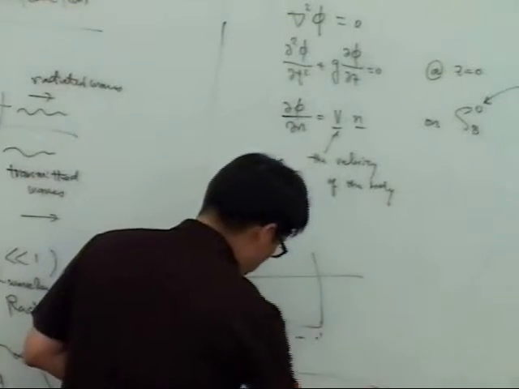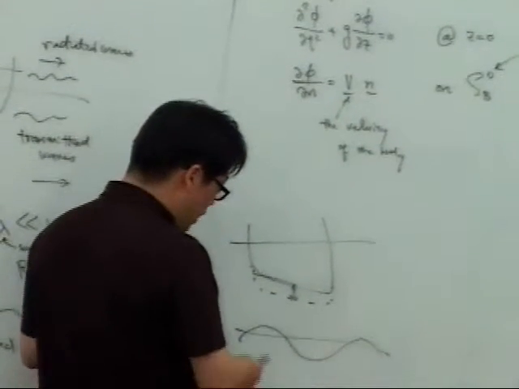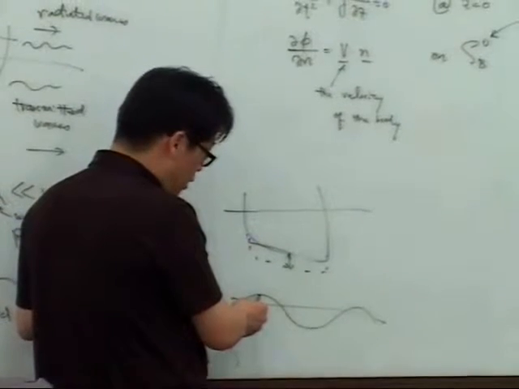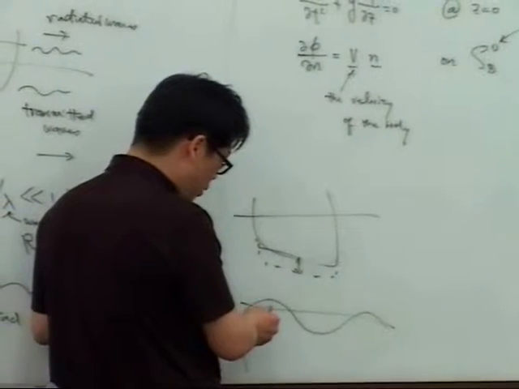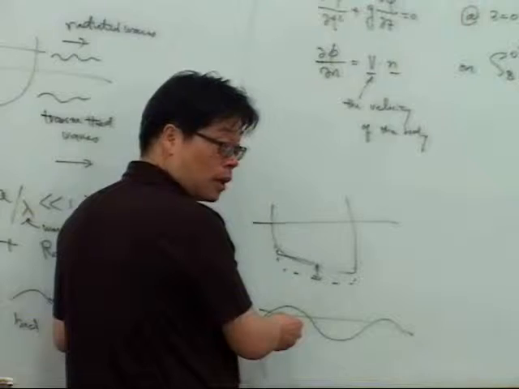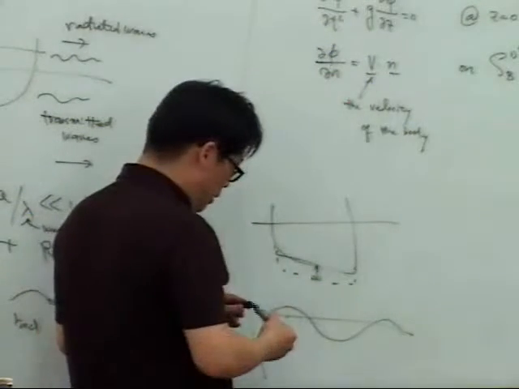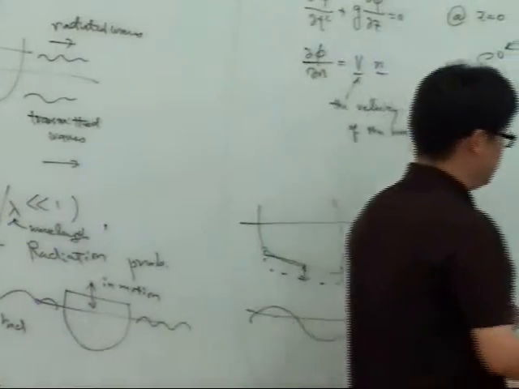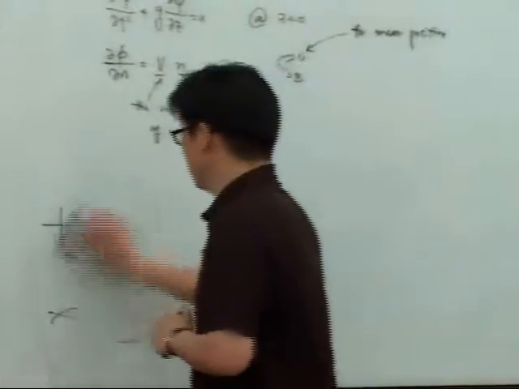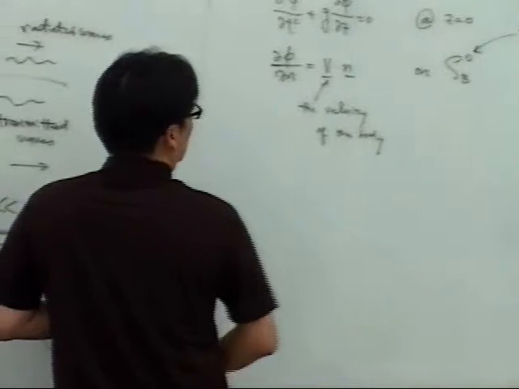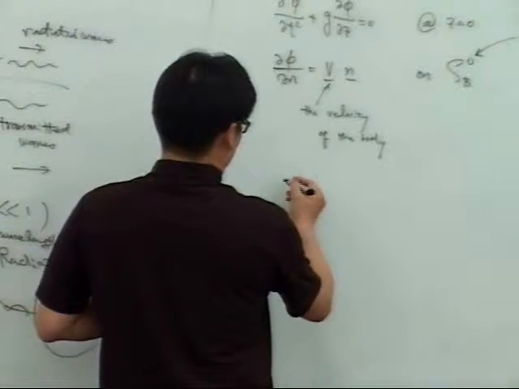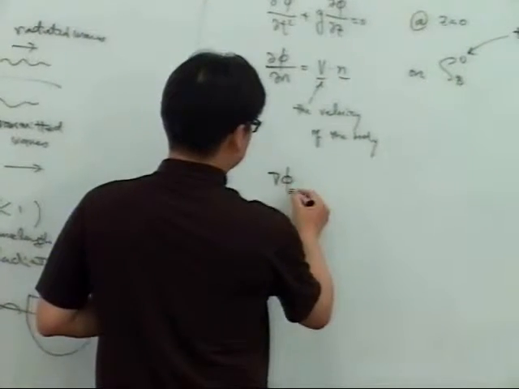Just like we impose the free surface boundary condition at the mean position, we do exactly the same thing for the body boundary condition. And then we have a boundary condition at infinity.